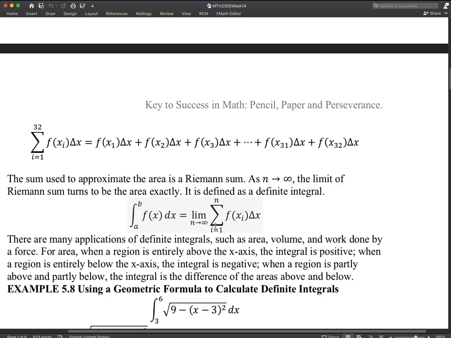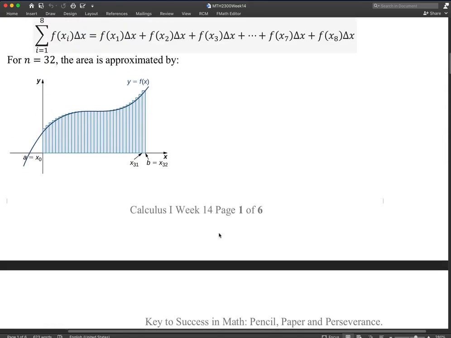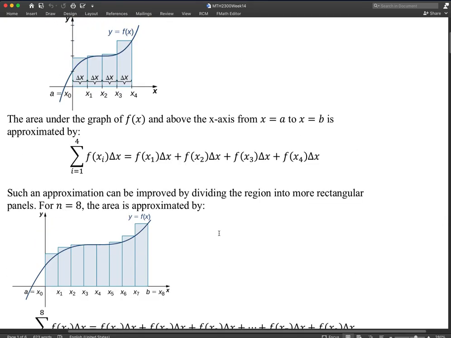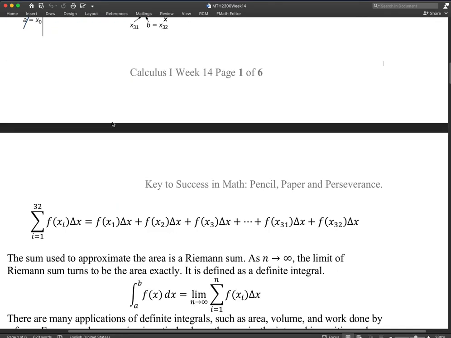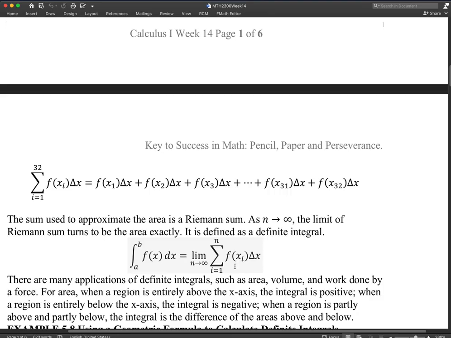And indeed, it's been proven and verified. And this calculation does give us the area exactly. And this kind of calculation will answer the question of the area underneath the graph of the function, and also it has many different applications. So we call this kind of calculation an integral.